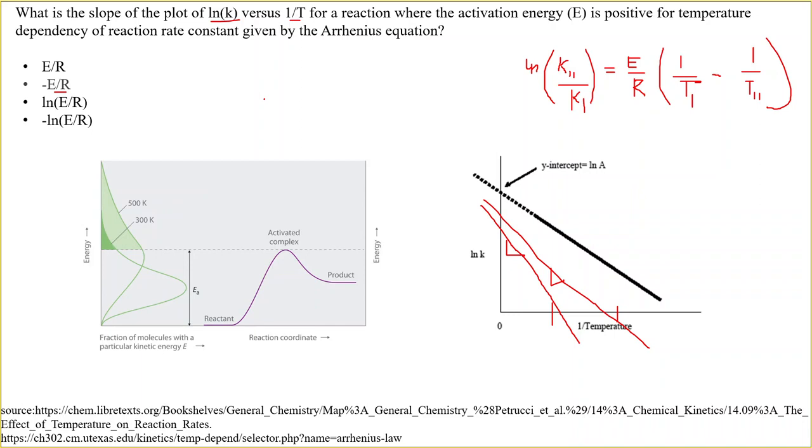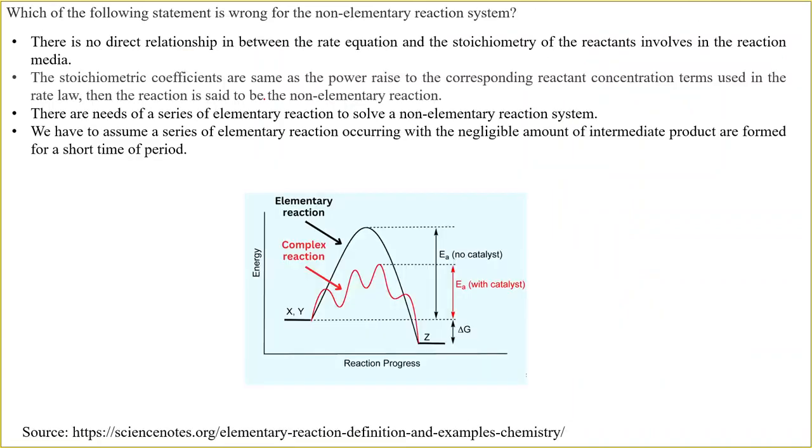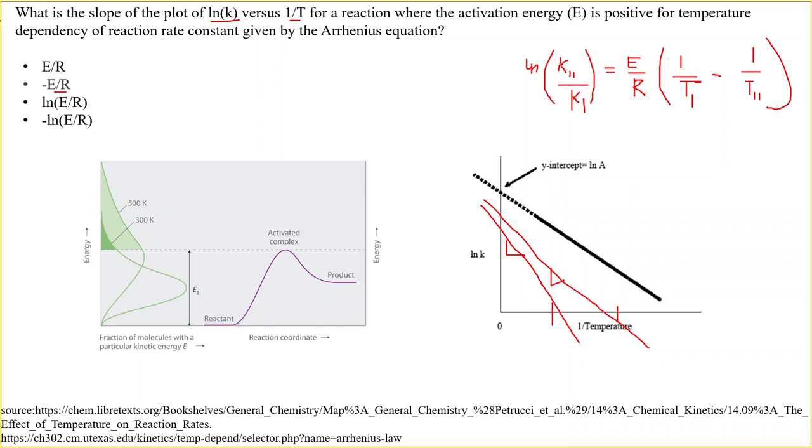It is minus E by R. Because the y-axis is ln k and we have 1 by temperature here, according to this expression you can treat it like y is equal to mx.